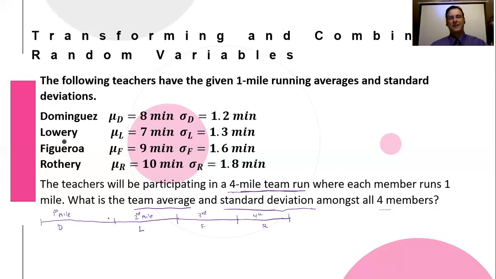Are all the mile times going to be the same from trial to trial? No, Dominguez's mile times are maybe a little bit slower or faster depending on the day. Same thing with Lowry's, Figueroa's, and myself.